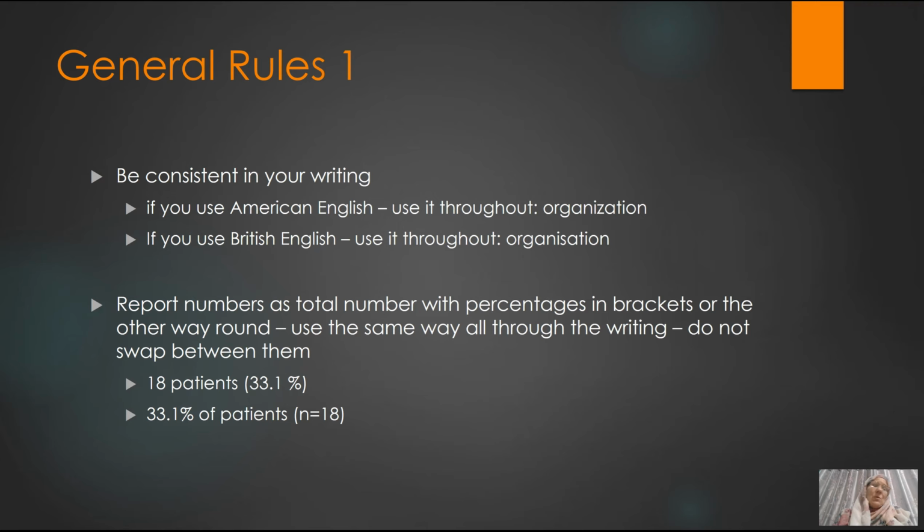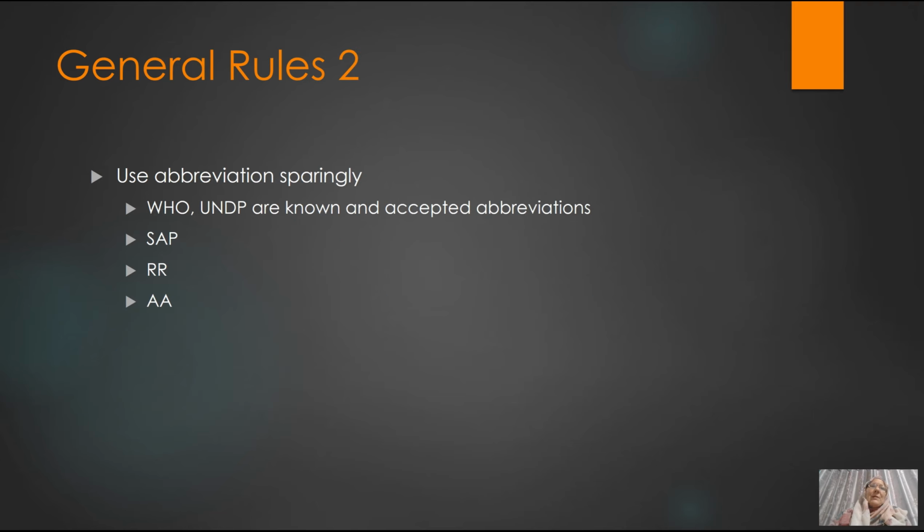You can also do it the other way around, but whichever way you choose, you should stick to it. So either you say 18 patients and then you put the percentage in brackets, or you say 33.1% of patients and then you put the total number in brackets behind this statement. Okay, but whichever you choose, you should stick to it throughout your manuscript.